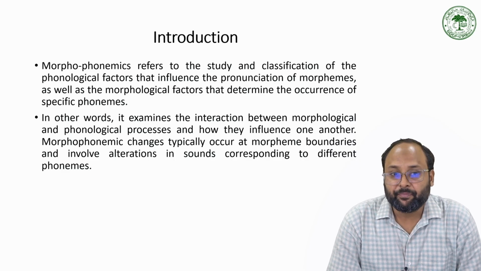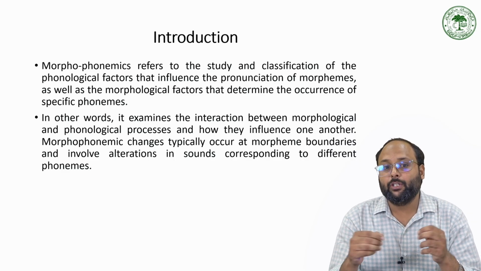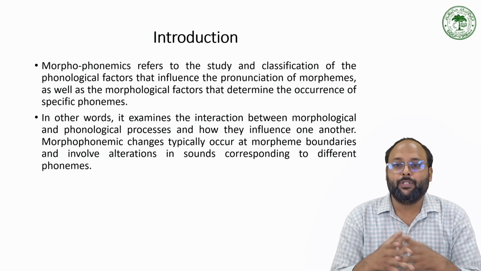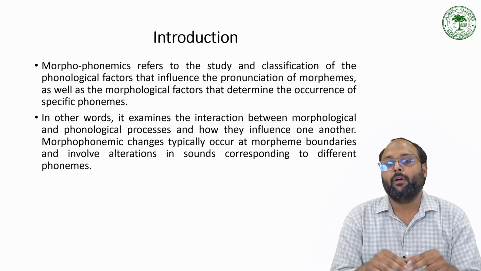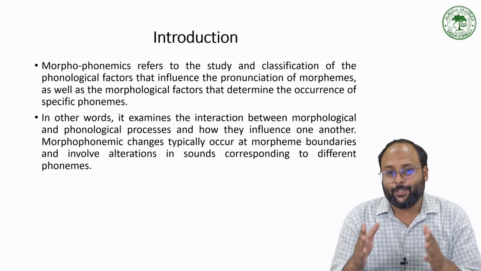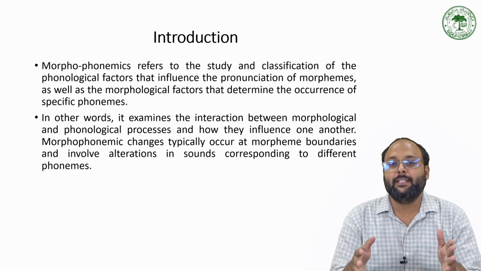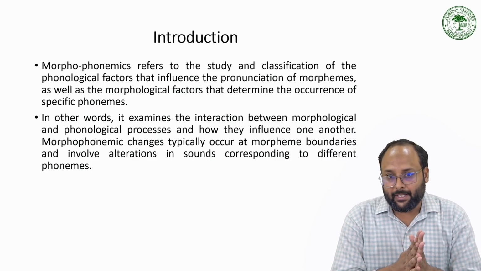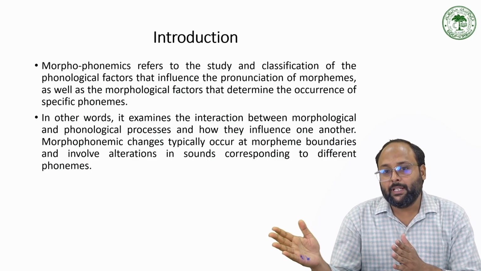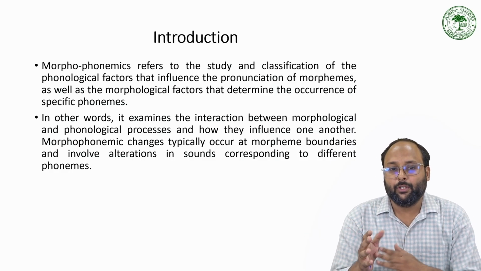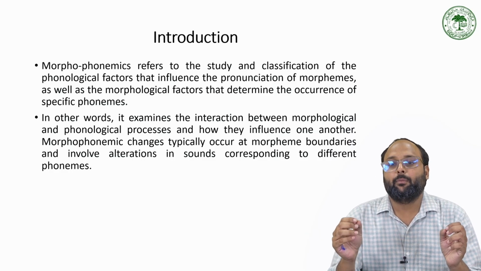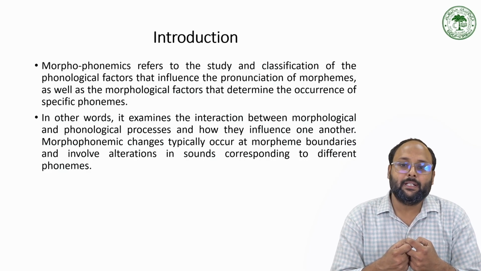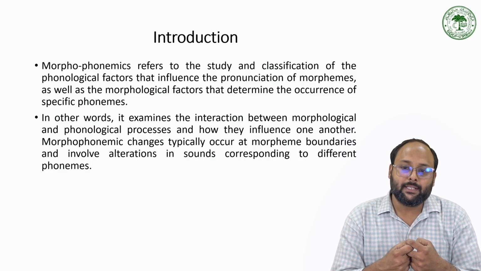It means how a particular sound or phoneme is influenced by the associated morphemes, and sometimes how the morpheme is influenced and has different realizations or alternates according to the adjacent phoneme. So here one particular morpheme has various representations, and these representations are influenced by the adjacent phoneme.